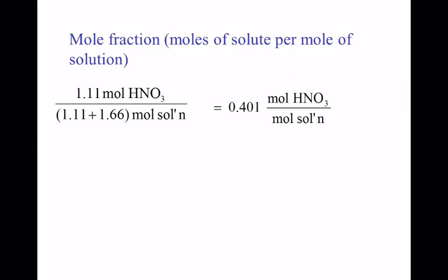Usually it'll just say 0.104 mole fraction HNO3. And we are going to go with 3 significant figures, even though we have addition and division both going on. But that works. So that's it.